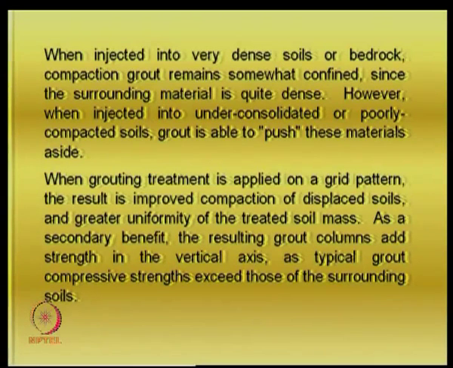The possibility is that the compressive strength of the grout could be much higher than the surrounding soil, and that can be used as a basis in which one can evaluate the bearing capacity improvement or settlement reduction. This is a very important point here.